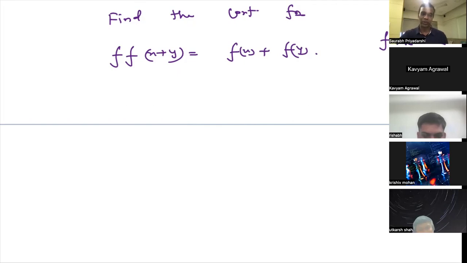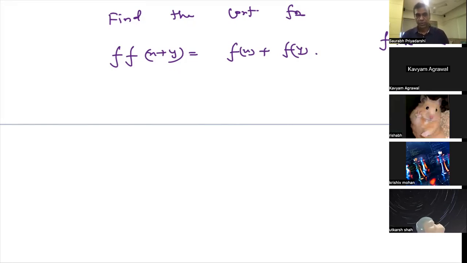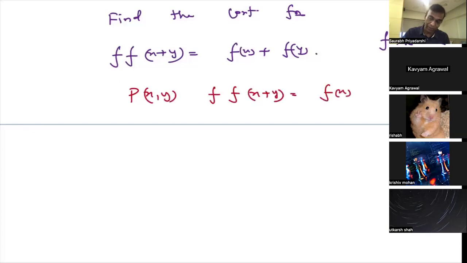Just use Cauchy, right? And don't forget the method I gave in the last class, when you have to get the cyclicity. From the first class, we are doing that, the cyclicity. See, first I'm writing P(x,y), right? So P(x,y) is nothing but f(x+y) equals f(x)+f(y). See the trick. Now this is very important for all x, y.